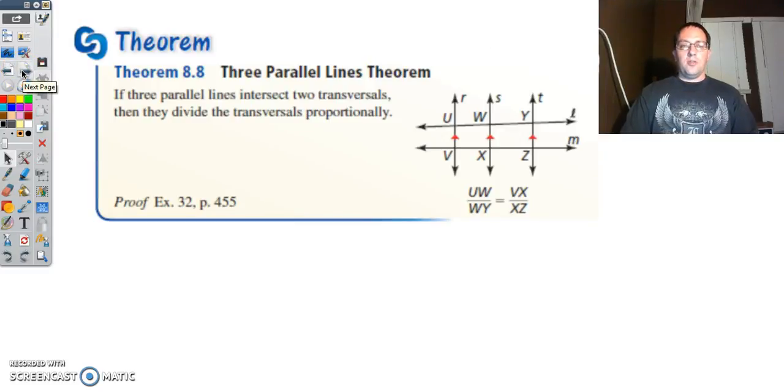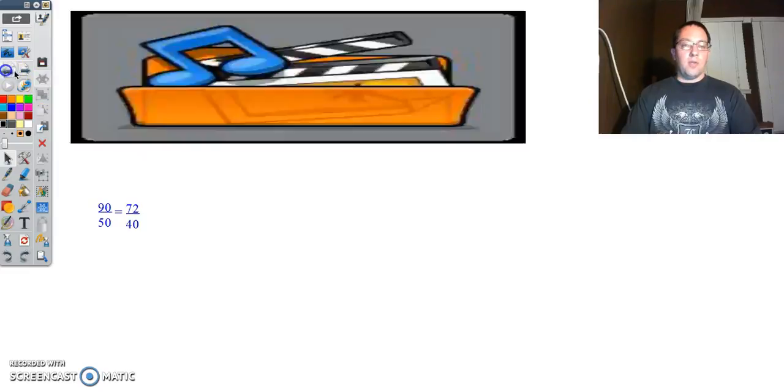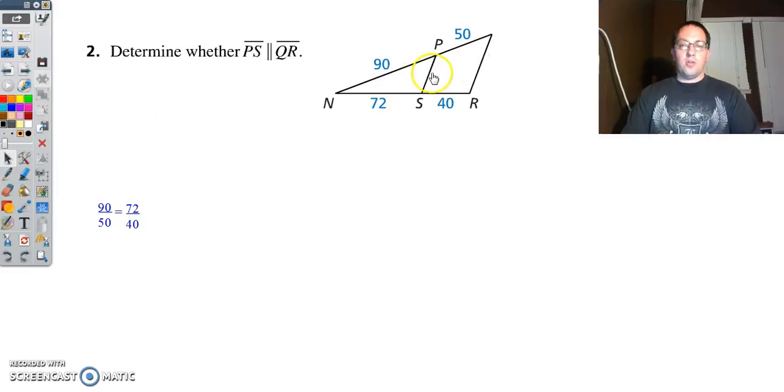Now this brings us to one more theorem, the three parallel lines theorem, because we have three parallel lines. It has three parallel lines cut by two transversals, not just one. You have to have two transversals here. This again sets up a proportion, just like what we had with the triangles, where we had two parallel lines cut by two transversals, making a triangle.